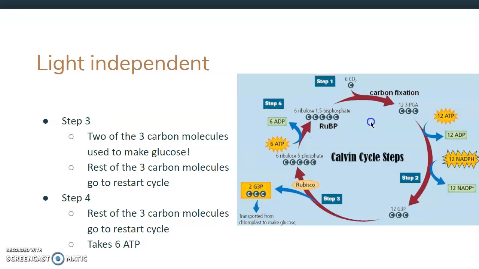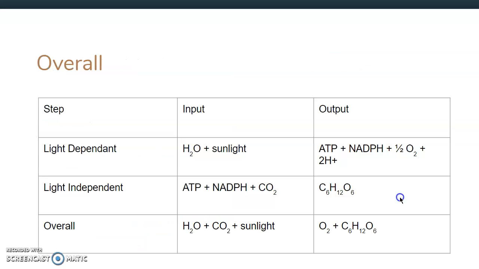So this cycle works just like any circle, and we can just keep going through it over and over and over as long as we have carbon dioxide and energy. So overall, we are just going back to our table, which shows where everything is and that we can follow it through every step. So we have our light dependent, our light independent, and our overall.